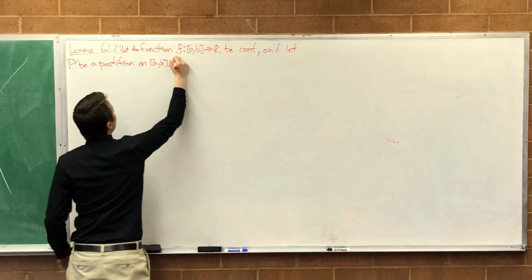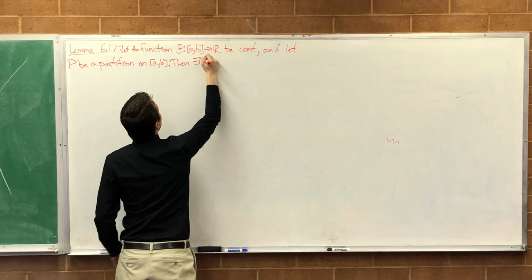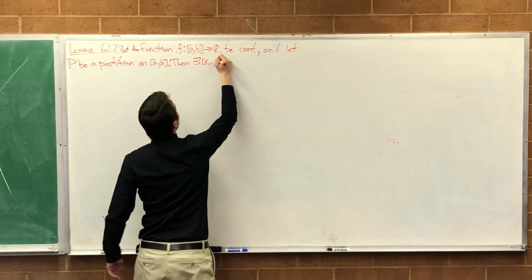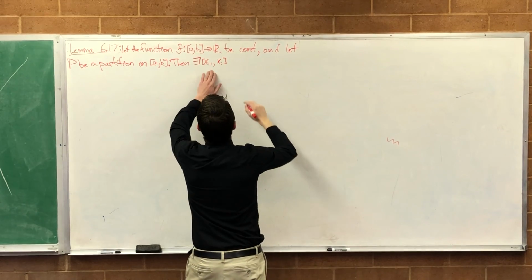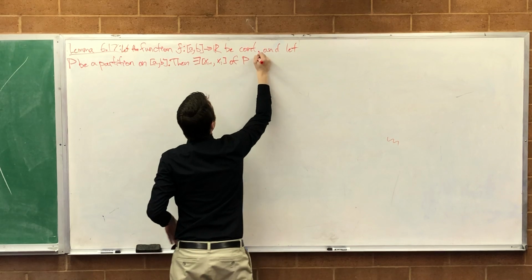Then there exists a partition interval of P that contains 2 points, u and v, for which the following estimate holds.